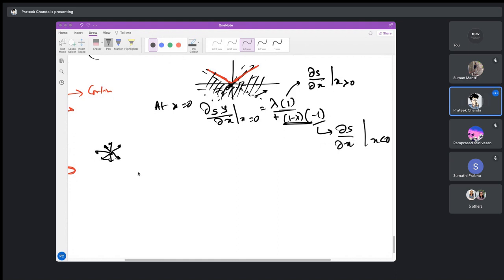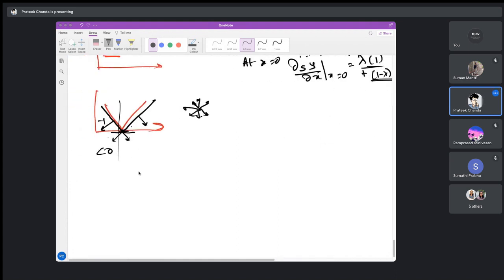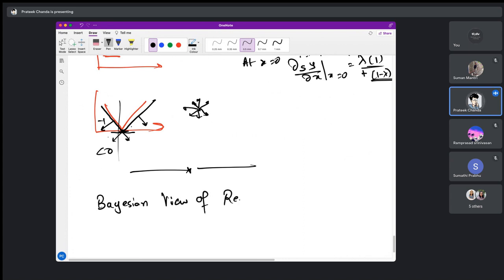Okay, so now I want to present a Bayesian view of regularization. So what do I mean by that?